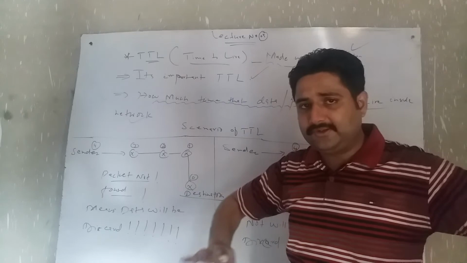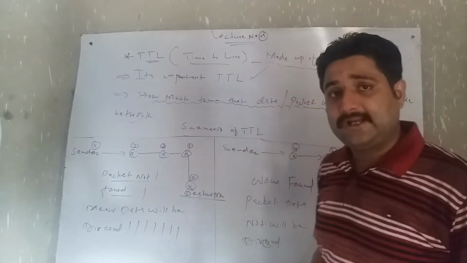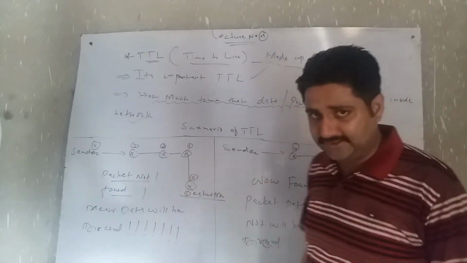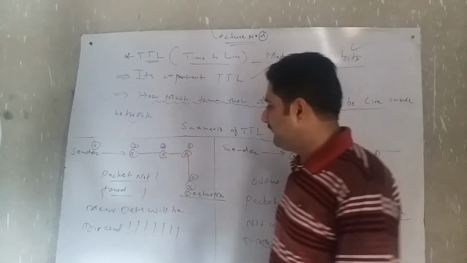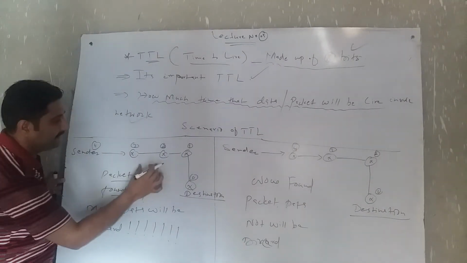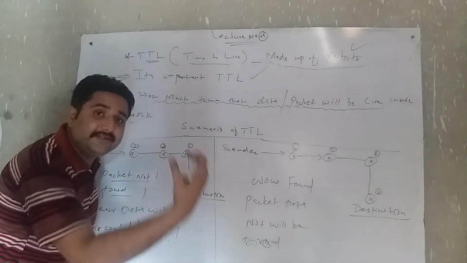Now how does TTL work in IPv4? I want to show you a good scenario. Please concern. Suppose the sender sends data and there are 4 routers connected on the network.